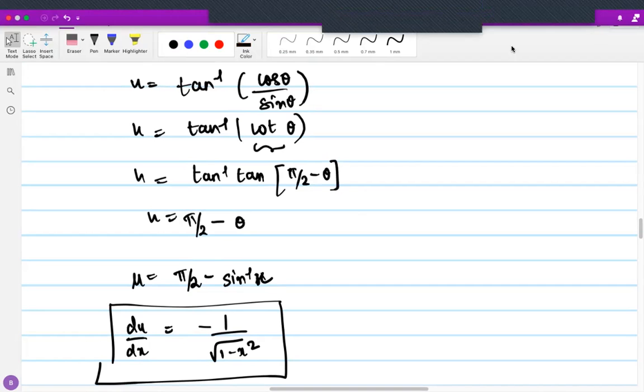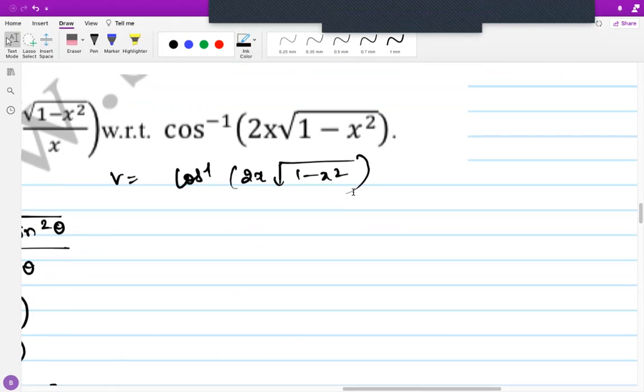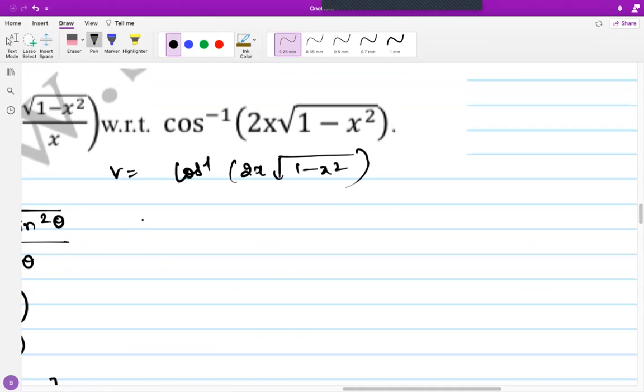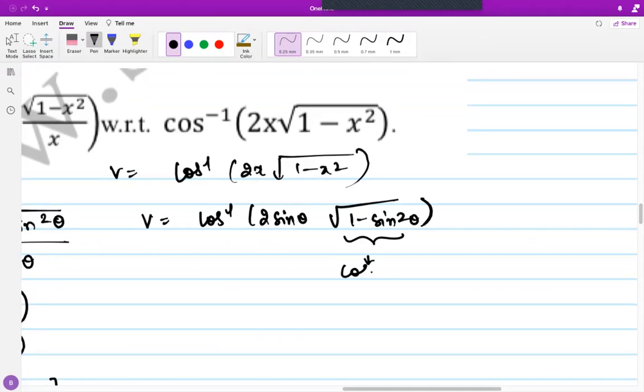Next, similarly, I'm going to do v. V is also easy. You need to substitute x equal to sine theta, so that it's very easy. Sine theta and square root of 1 minus sine square theta, which is going to be cos theta. So 2 into sine theta into cos theta.